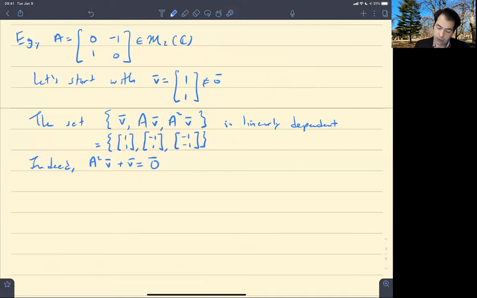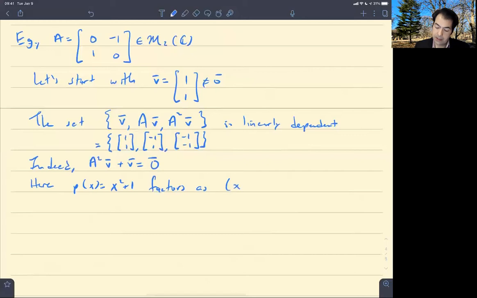Okay, so this we now notice is the polynomial A squared plus the identity. So we should look at p of x equals x squared plus 1. Now, because we're working with the complex numbers, we're guaranteed that this will factor into a product of monomials. So in this case, x minus i times x plus i.